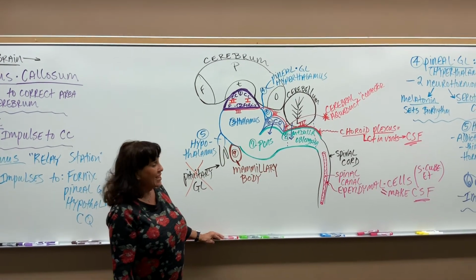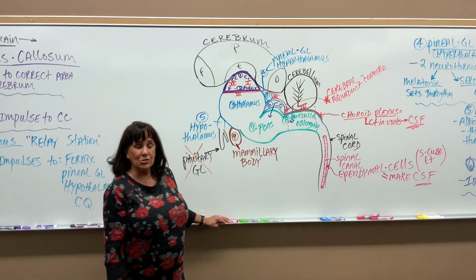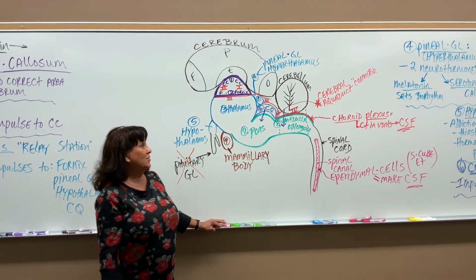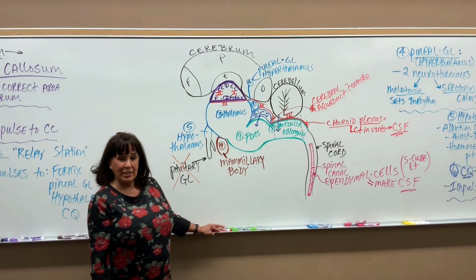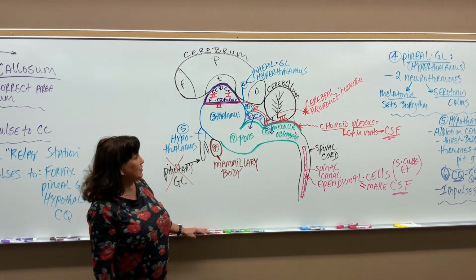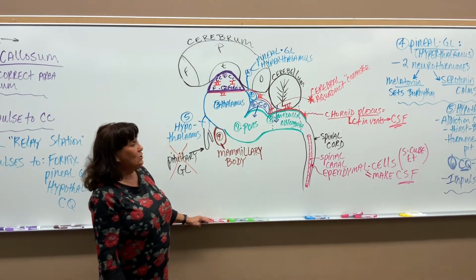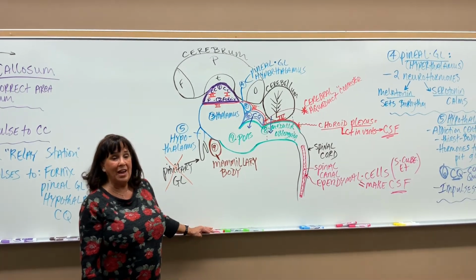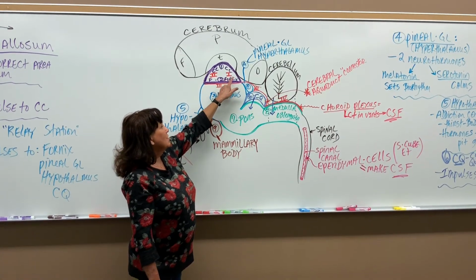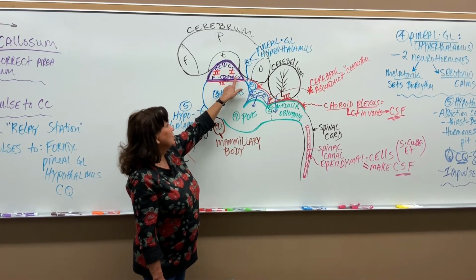And then number 10 are the ventricles, the spaces of the brain. These are actual spaces that they're going to make CSF in, and then it's going to go around the brain parts and feed the different organs. So where are the 4 ventricles? And they have Roman numerals. And so the first ventricle is this space towards the back of the CC and the fornix.